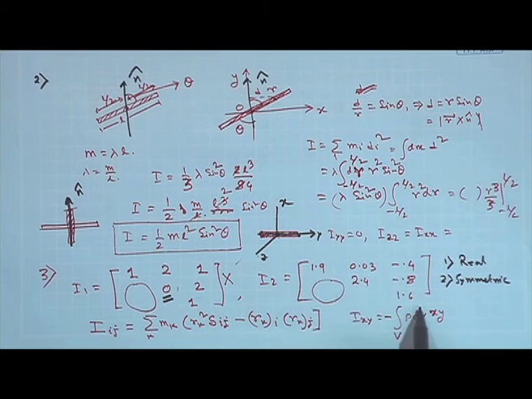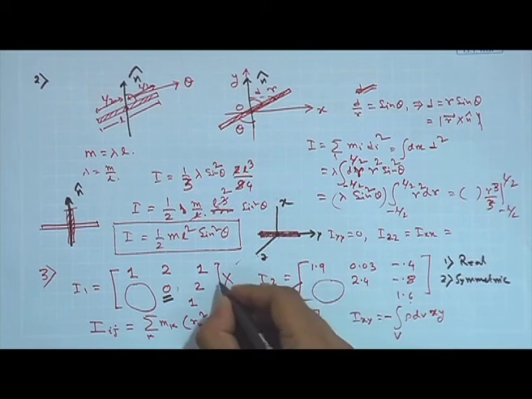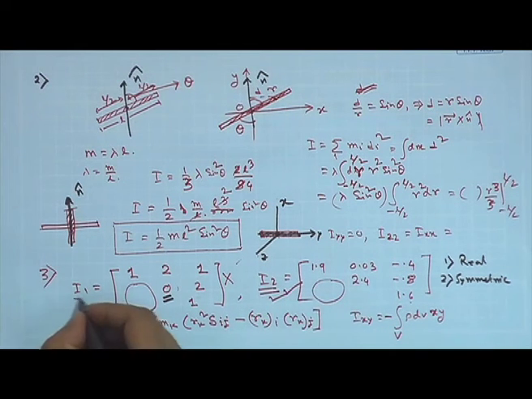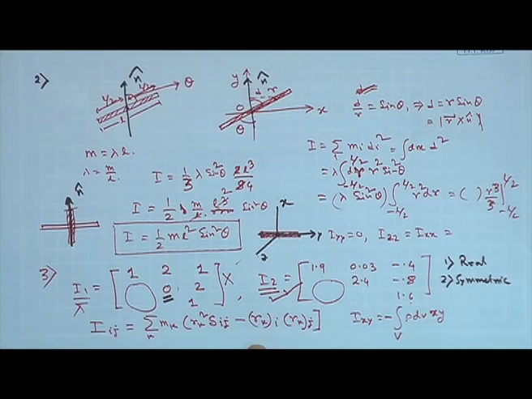This one is free from this problem. We have non-zero diagonal terms, non-zero off diagonal terms. We have some negative, some positive. This can happen. I have just shown you that a negative integration can give you positive numbers, given that the mass distribution is in the negative direction. So, this is okay and this is not. I2 is the physical moment of inertia tensor, I1 is not a physical moment of inertia tensor.